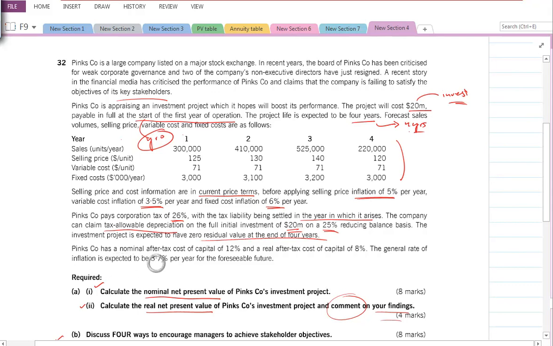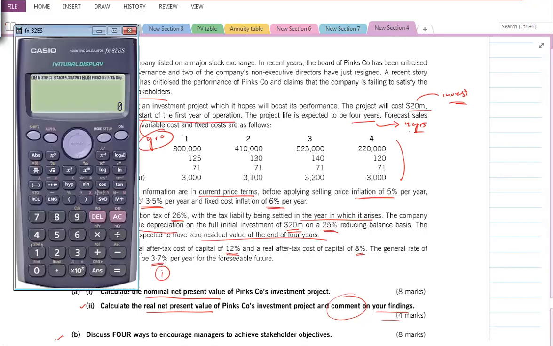Pinksco has a nominal after-tax cost of capital of 12%, a real after-tax cost of capital of 8%, and a general rate of inflation of 3.7%. Now, this general rate of inflation is the one that we use in the Fisher formula. In most of the questions, you're normally given two of them and you have to calculate the third one, but in this one, you're given all three of them.